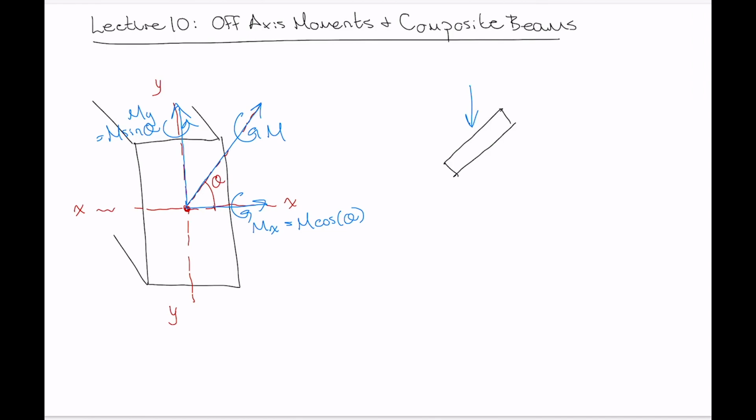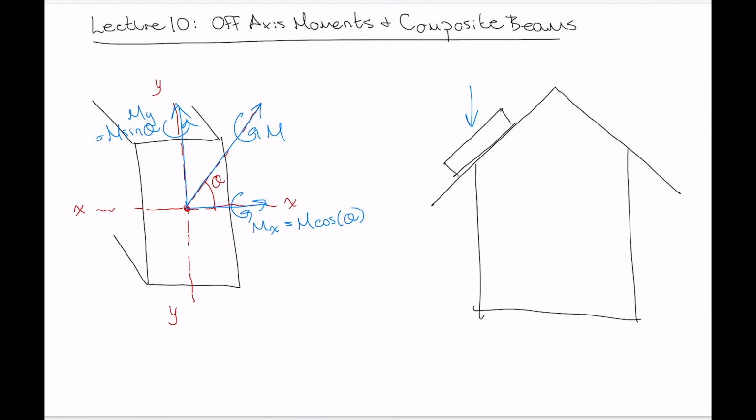That creates an off-axis moment. This could be a member of, let's say, the roof of a building, right? So these off-axis moments do occur, but they're not seen that frequently.